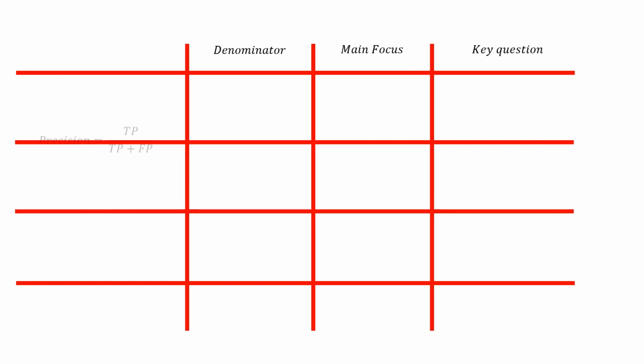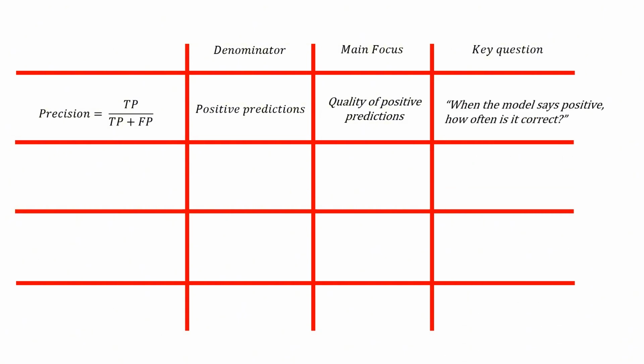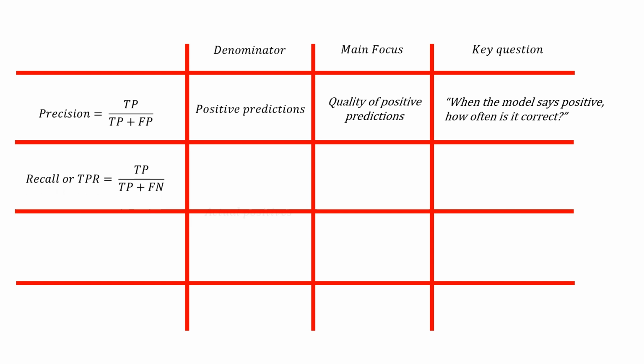Let's briefly review the metrics together. First, precision. The denominator of precision includes all predicted positive samples. Its main focus is on the quality of positive predictions. The key question it answers is, how much can we trust the model when it predicts a sample as positive? Next, recall. The denominator represents the total number of actual positive samples.